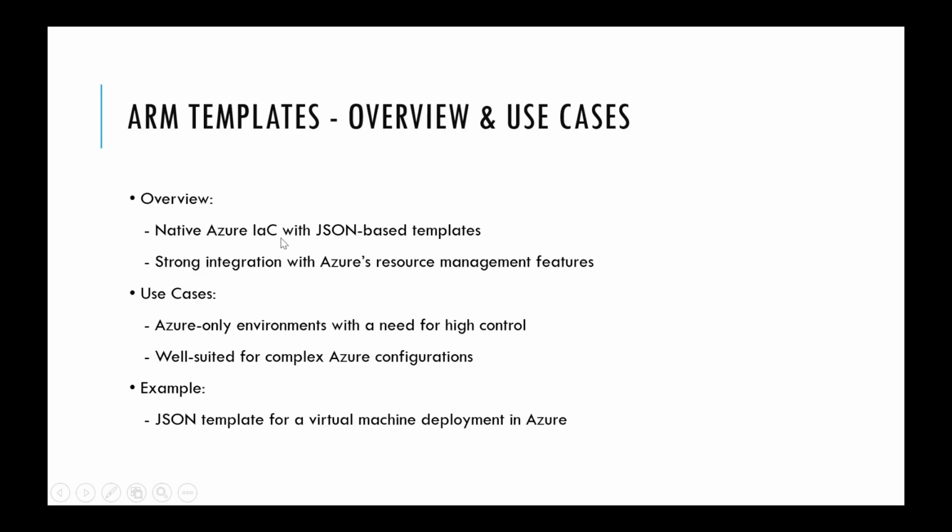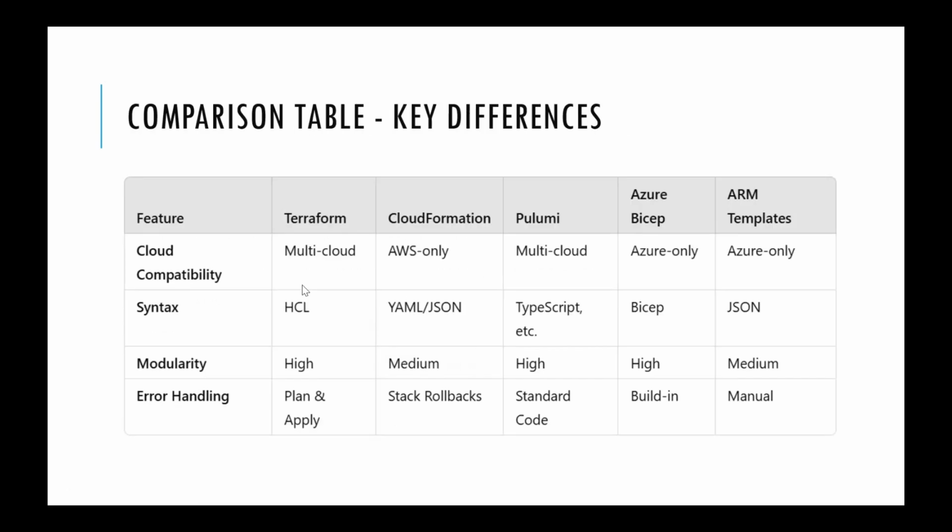But now Microsoft is providing support for Azure Bicep as well, supporting all the features in Azure. This is an example JSON template for a virtual machine deployment in Azure. You can create the template using ARM templates and Azure Bicep to create resources in Microsoft Azure.